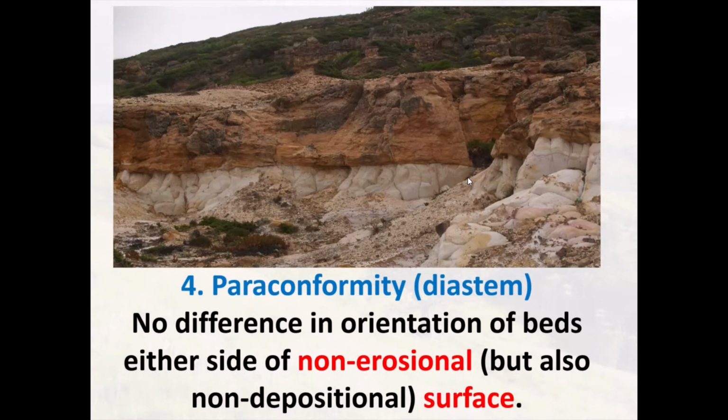While a paraconformity, there's no difference in the orientation of beds either side of the gap in geological time, but that unconformity itself doesn't show any evidence of being erosional. It's a non-erosional surface. So there's just a gap in time where no sediment was deposited.